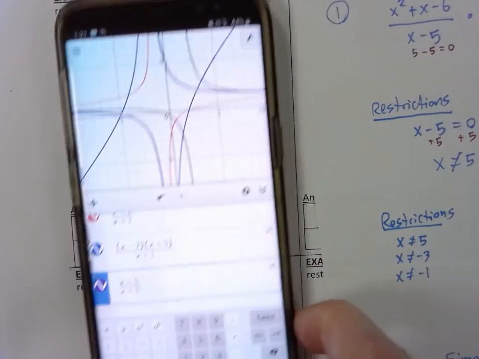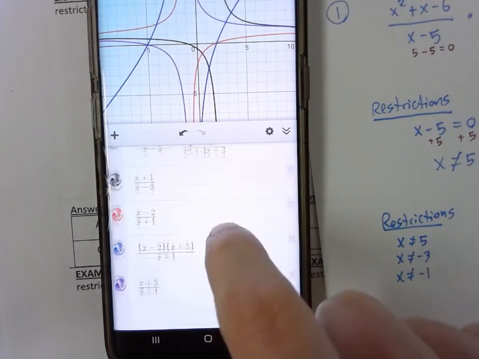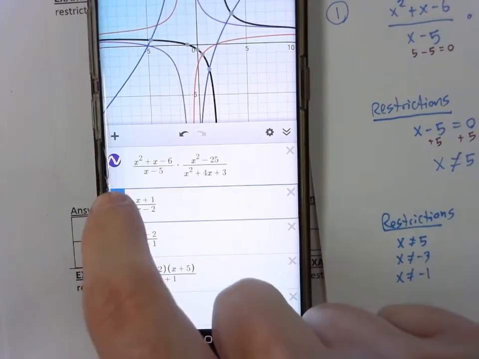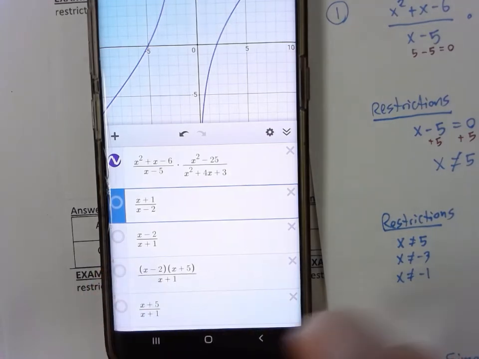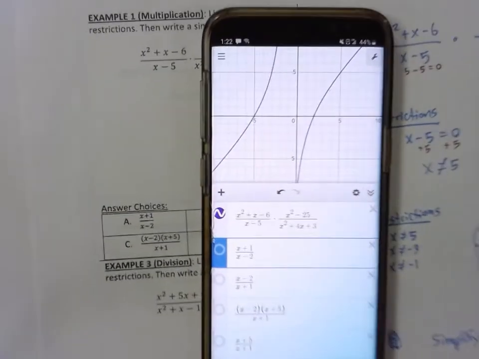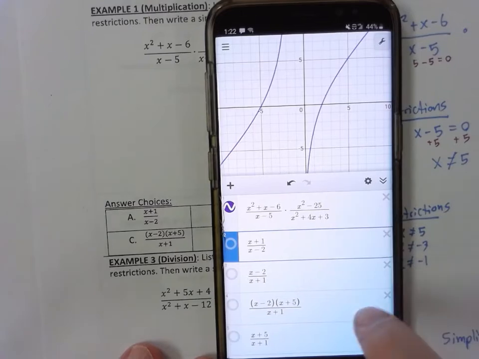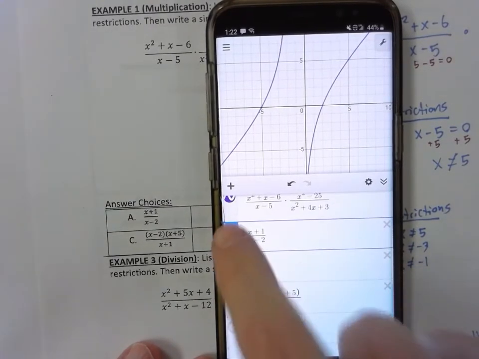Here, let me pull this down here. You can hide each graph, and I would hide all the ones but the original one. That way you can just look at one thing at a time. So I've got my original function, I've got my 4 answer choices. If there's 5, put all 5 in there. And you can just turn one on at a time.